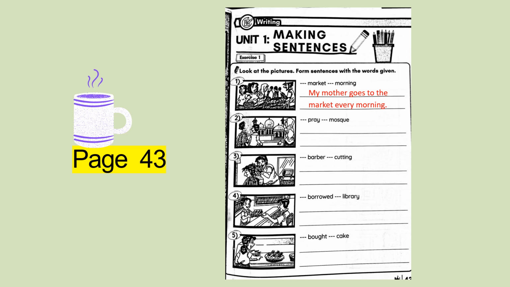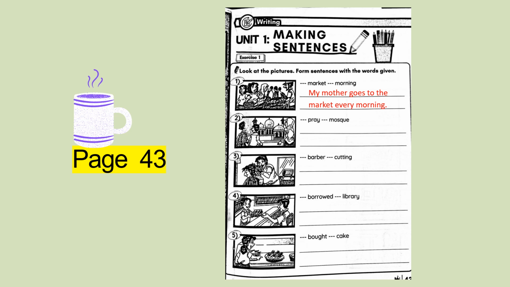And the last one, bought. Cake. Bought is not buy, it's bought. So buy, buys, bought. So bought 就是 past tense 对吗？So which means afterwards you can also use the time. 如果它 bought 是 past tense，所以等下我们不可以讲 every day，不可以用 always.